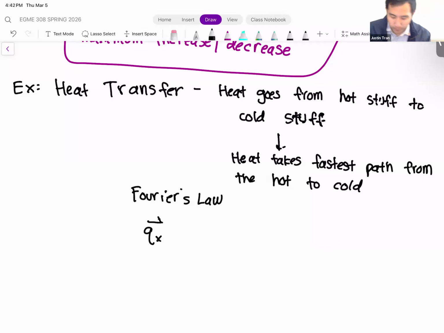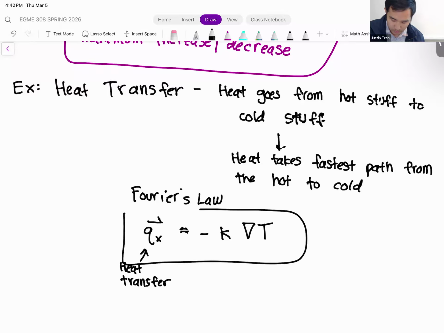The first formula you learn in heat transfer is that Q, which is a vector, and Q here is the heat transfer rate. So you can see it's a vector quantity, so it has direction, and is equal to minus K multiplied by the gradient of T, where K is a parameter known as the thermal conductivity.